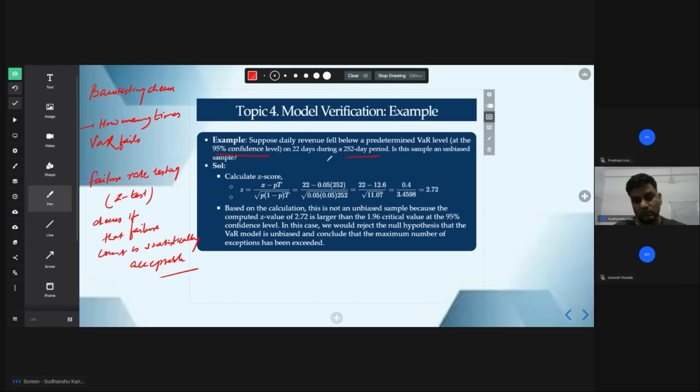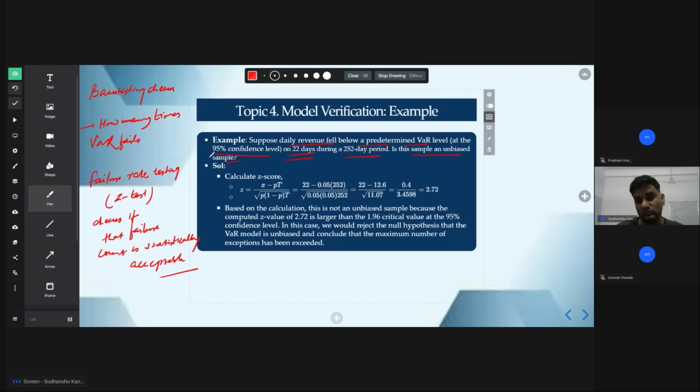Then actual daily revenue fell below the predetermined VaR level on 22 days. So it's very high, right? So the question is, is the sample unbiased?